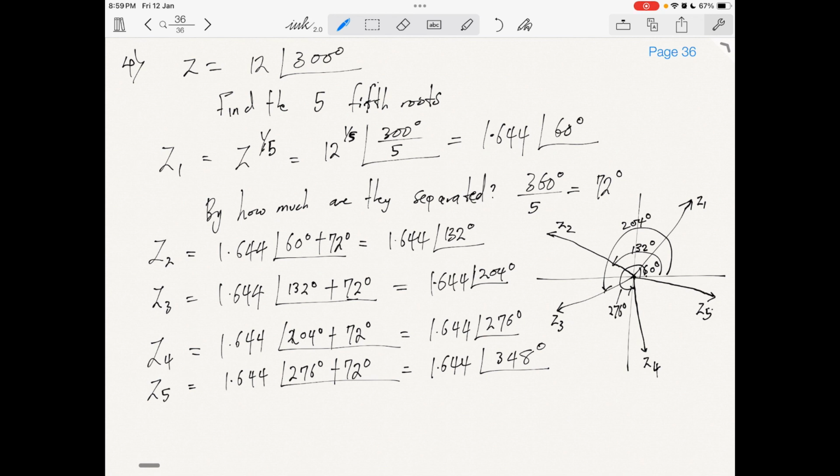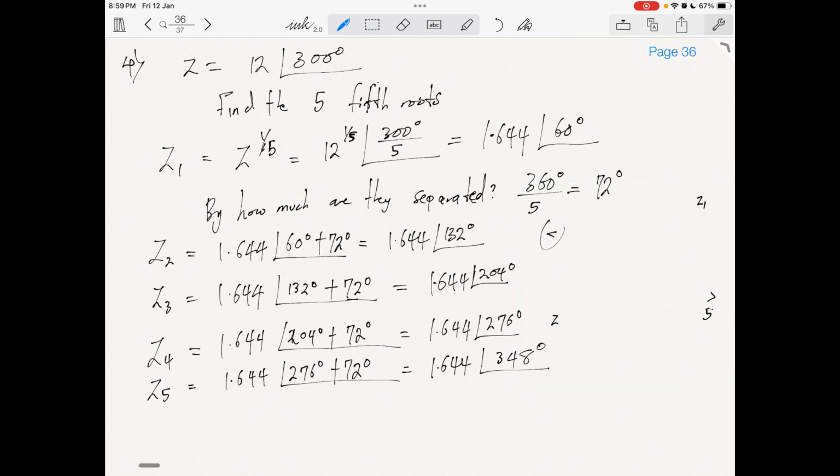Now, to make it neater, we can just draw without showing the angles.